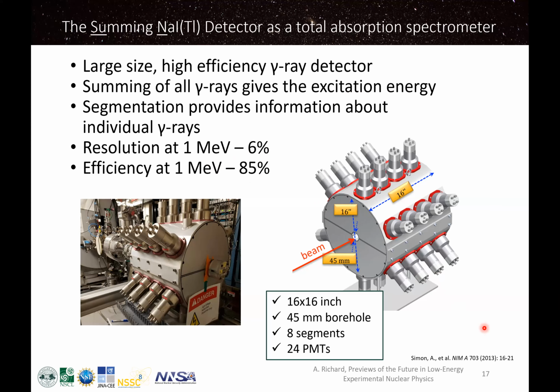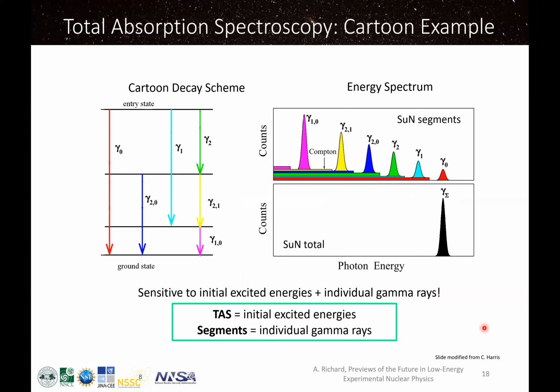So let's talk about how total absorption works. I have this cartoon decay scheme that's shown here with different gamma rays de-exciting to the ground state. Within a particular segment of SuN, or you can think of it as just an individual detector, what you would anticipate seeing is each individual gamma ray transition. But when you look at the SuN total, so you sum across the detector, what we actually have access to is the sum peak, which corresponds to this entry state that we have here.